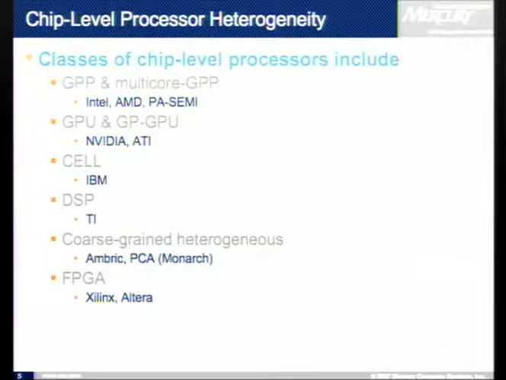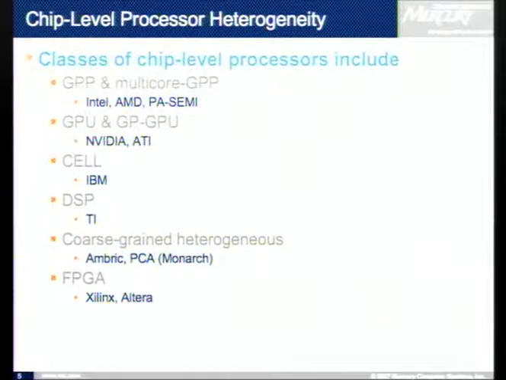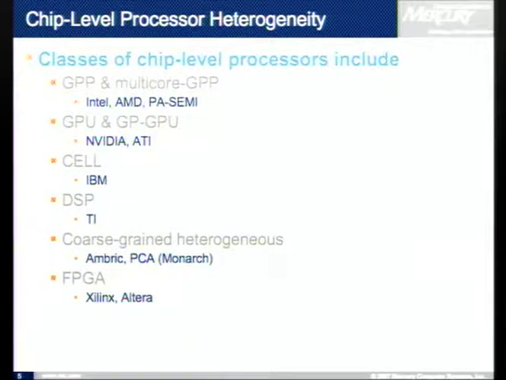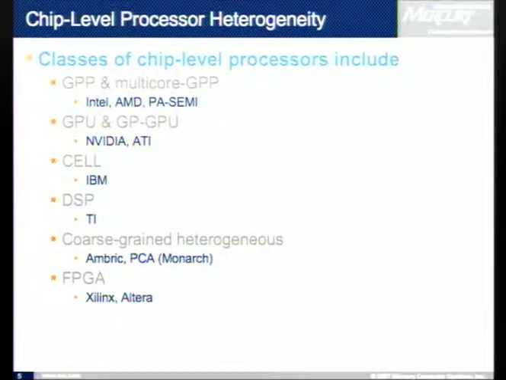Cell, which is another instance of a coarse-grained heterogeneous processor with a PowerPC and a bunch of these nice SPEs. DSPs from TI and the like. Ambric, polymorphic computing architectures like the Monarch architecture, another coarse-grained heterogeneous architecture, and of course FPGAs.